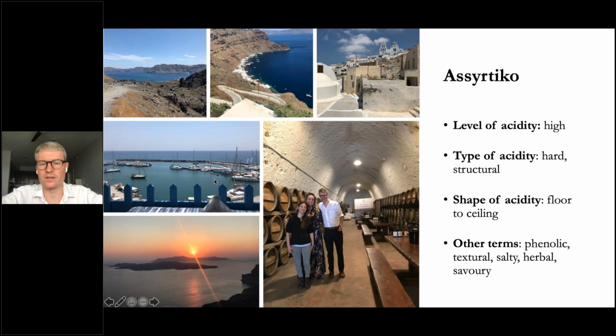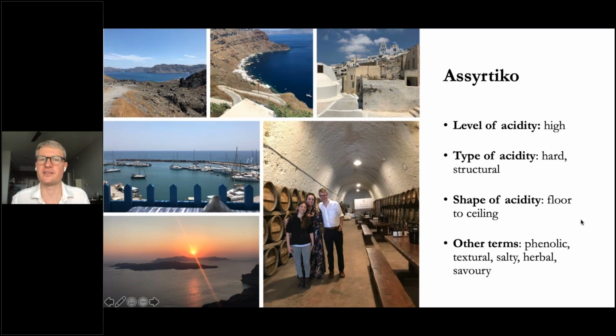Okay, there is a key part of this discussion, though, which we would not be doing justice to the acid structure of Assyrtiko if we didn't pay some heed to, which is here in the other terms section. And the first word here is phenolic. So Assyrtiko to me is one of the most phenolic of the white grape varieties. What does phenolic mean? Phenolics are the solid substances which are left in white wines from the skins and other solid parts of the grape.